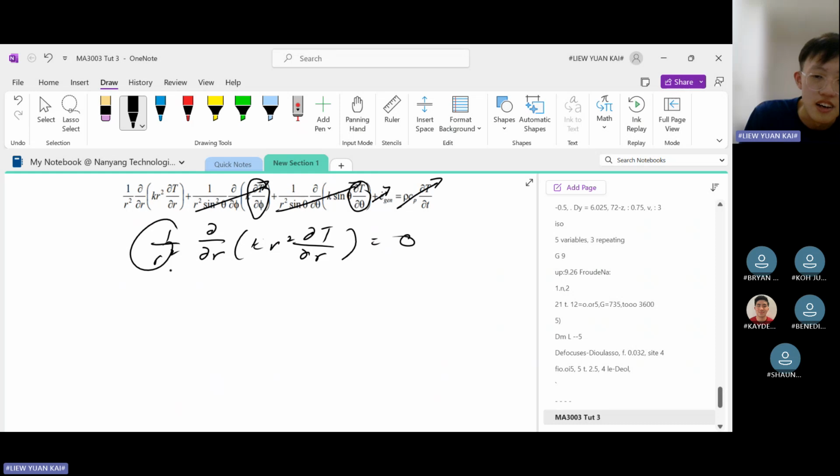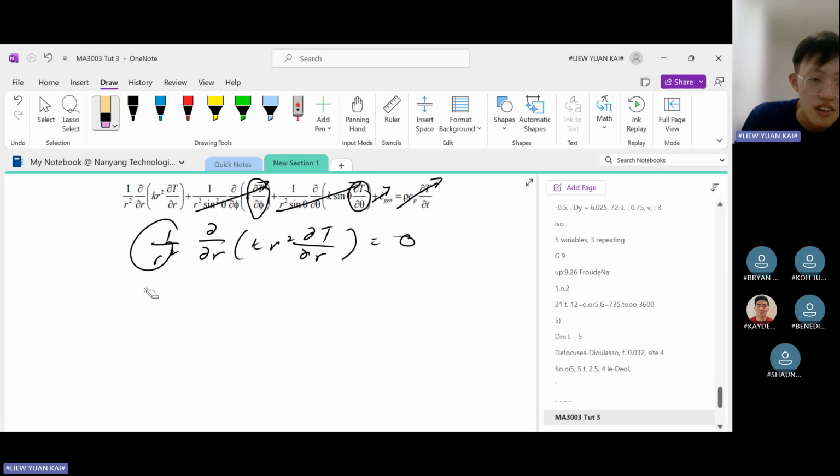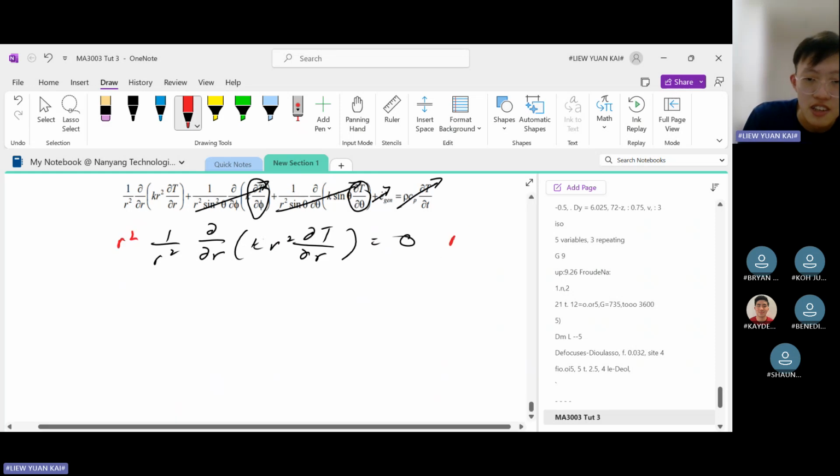So this 1 over r squared, I'm going to bring it to this side, so it will disappear, because I multiply both sides by r squared. So r squared here, r squared here. So this cancels with this. Then I'm left with this.